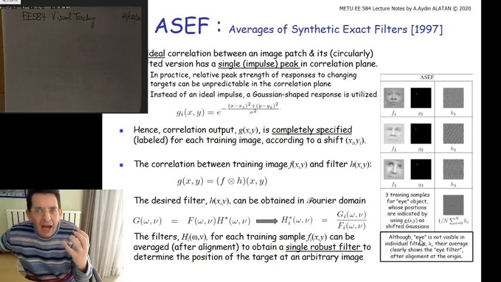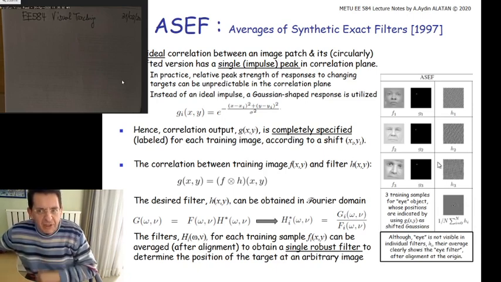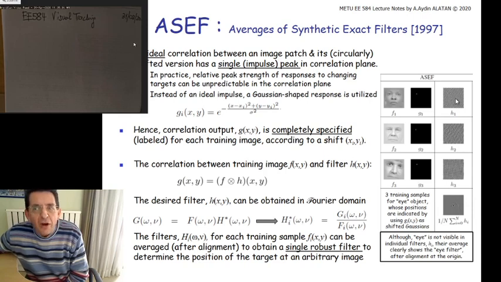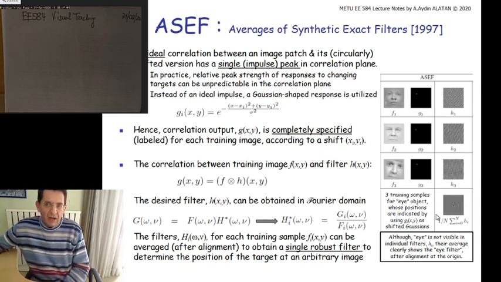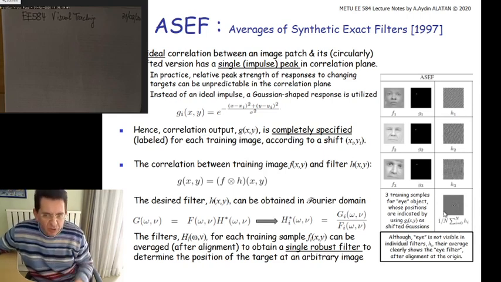Now, the eye filter, which is trying to detect these things, was not visible in the beginning. But now we are obtaining an average eye filter, and this eye filter is getting, at the end, something visible to our eyes as well.